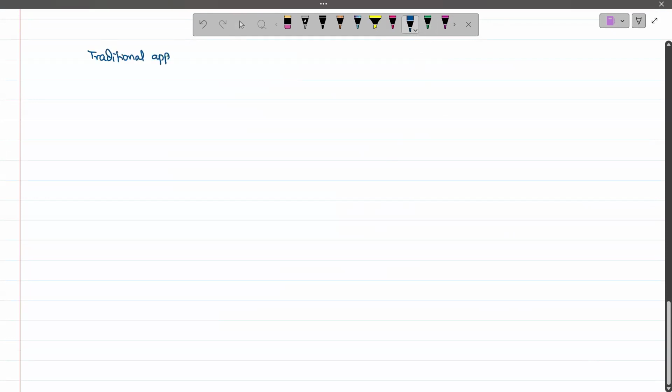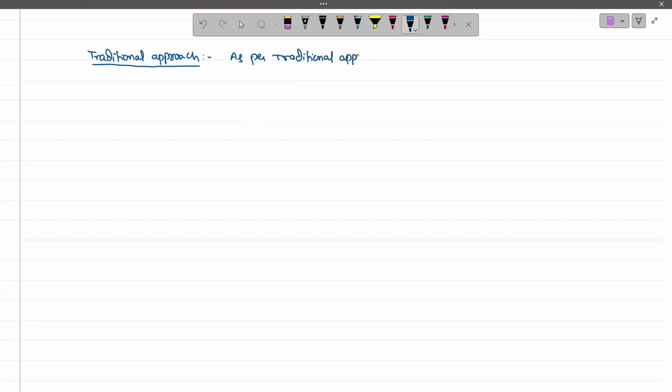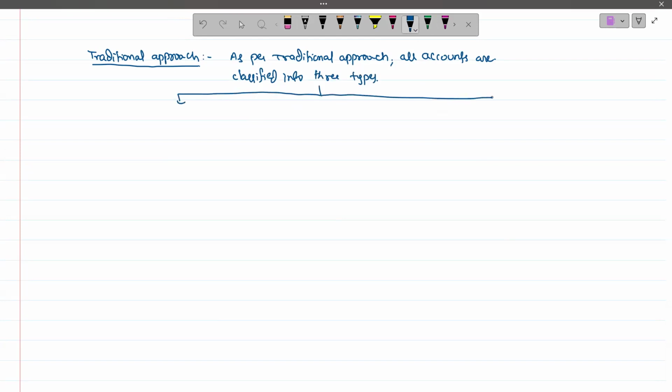Coming to the traditional approach. As per the traditional approach, all accounts are classified into three types.